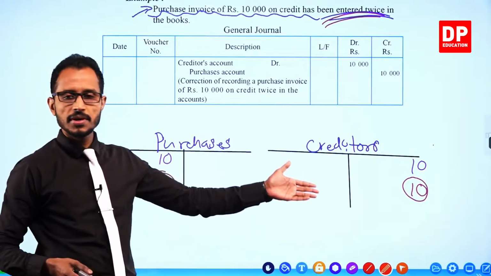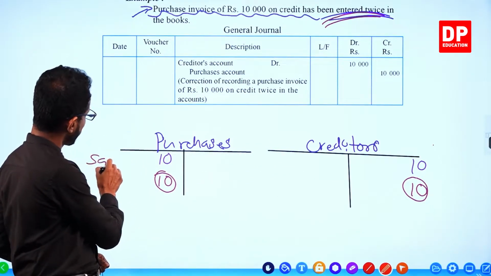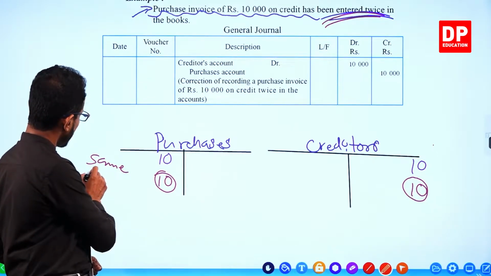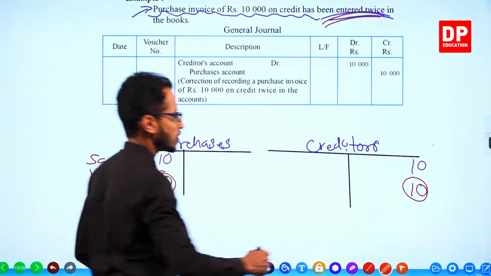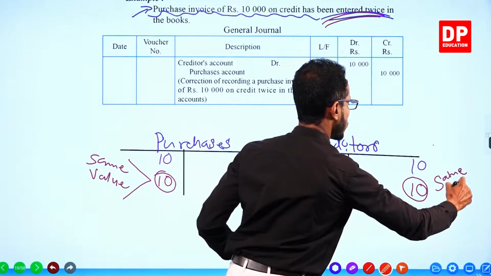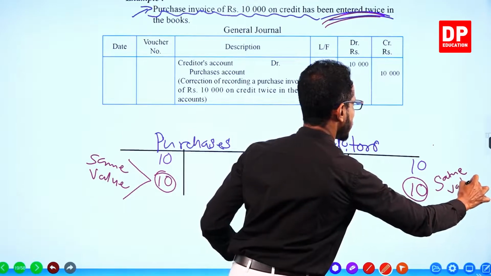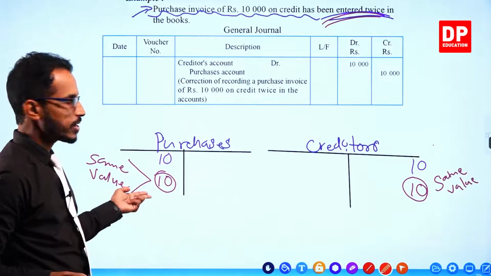That is the wrong entry because for the second time, the same value has been entered. Same value has been entered for the second time, right?